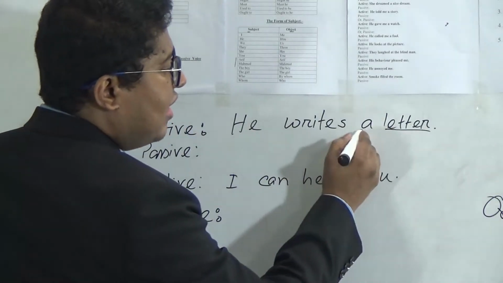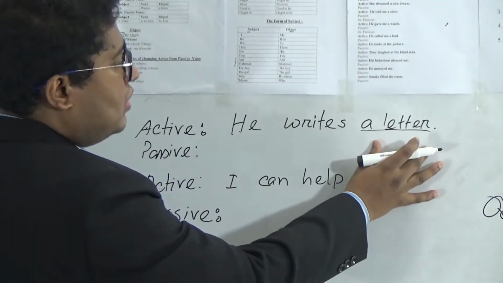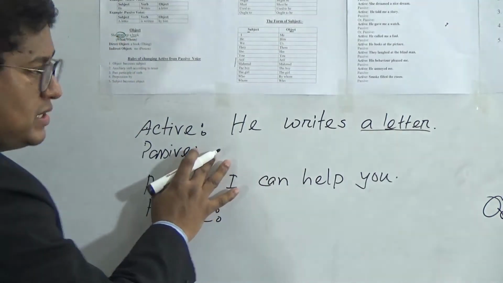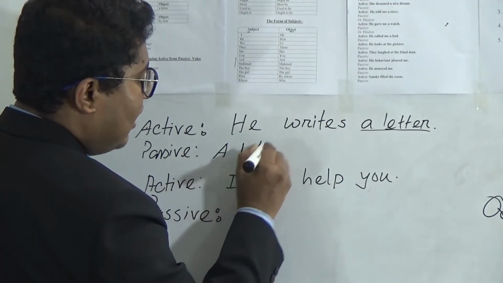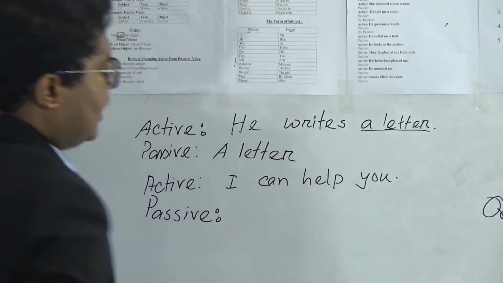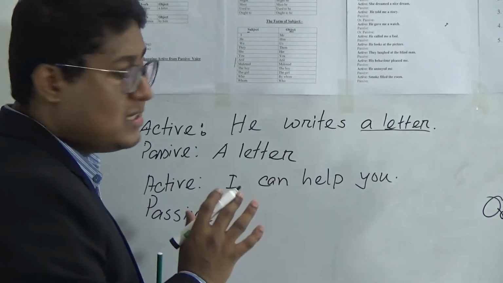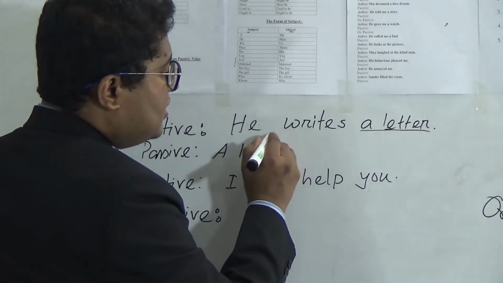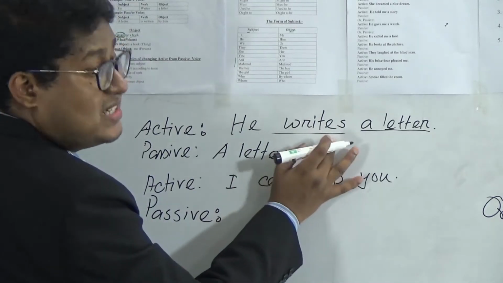In this sentence, a letter is an object. What does he write? A letter. Our first rule is object becomes subject. So here we will write a letter. And our next rule is auxiliary verb according to tense. So what kind of tense is this sentence? He writes a letter. So writes is present indefinite tense.